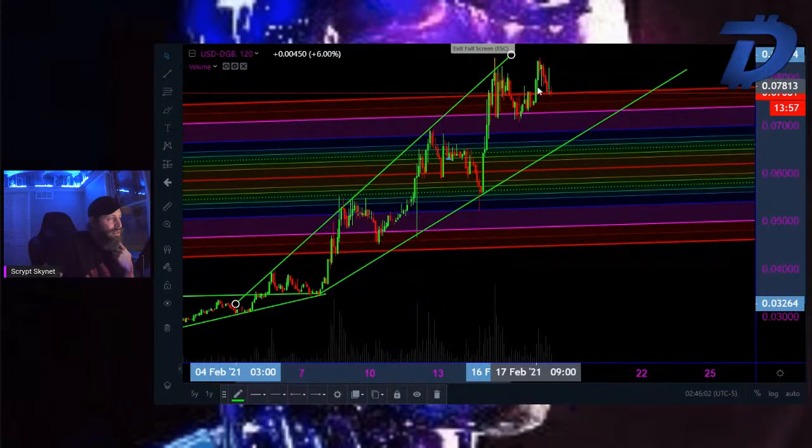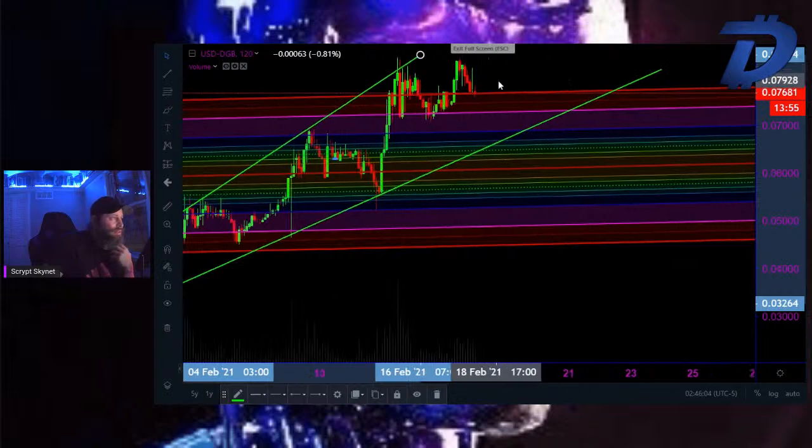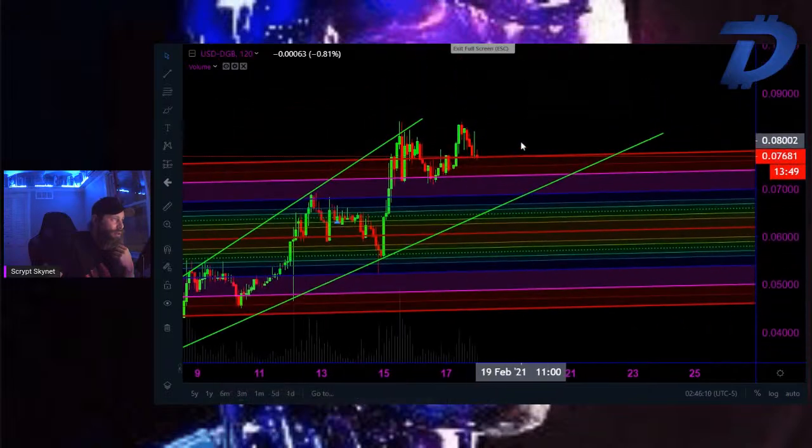This thing, if it plays bullish here, which is a big flag, creates huge support on the top of the pitchfork. And man, that's huge upside, guys.